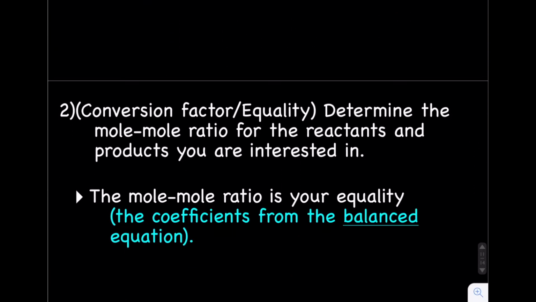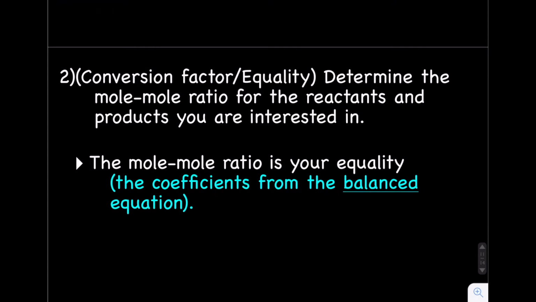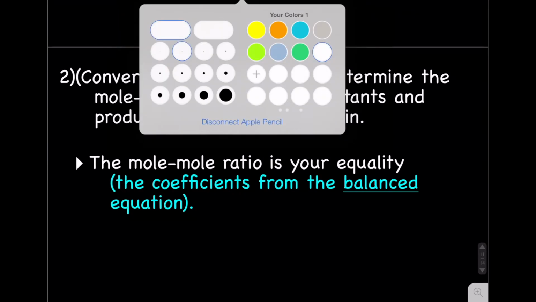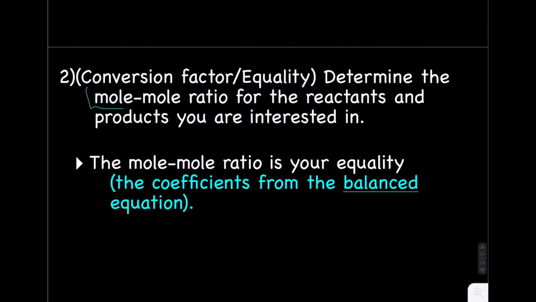Step 2 is we're going to use our conversion factor or equality to determine the mole-mole ratio. That's the thing we learned recently. It's the mole-mole ratio for the reactants and products you're interested in. This is important. You're going to have to go back and really look at the equation to see what we're interested in.